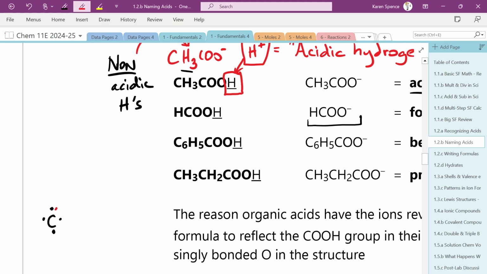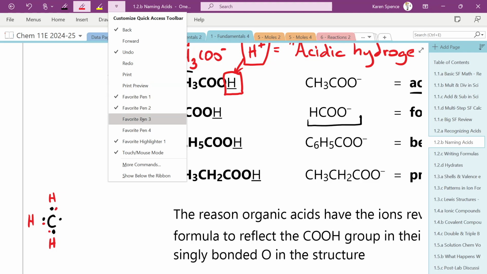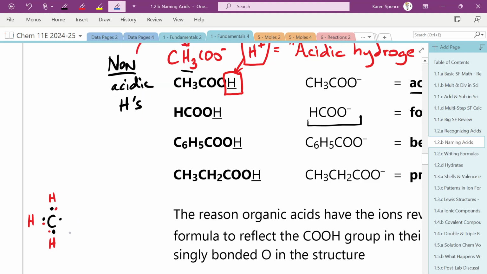So if we put our hydrogen here, and our hydrogen here, and our hydrogen here, there we go. And then this is bonded to a second carbon. And don't worry, we will be doing a little bit on these Lewis structures. Did you do Lewis structures in grade 10? Yeah, a little bit.